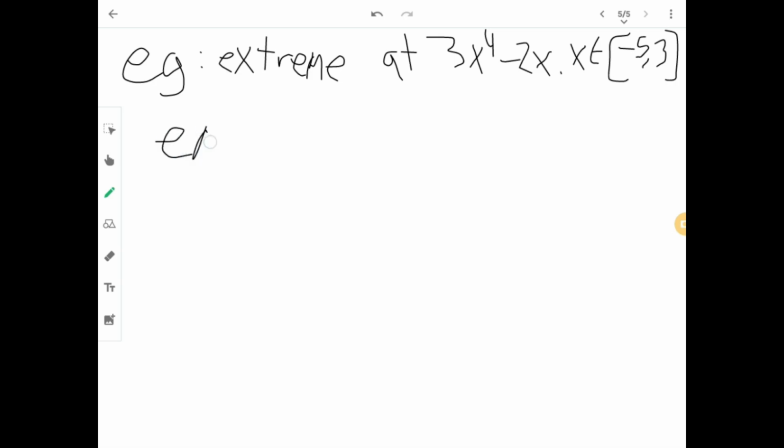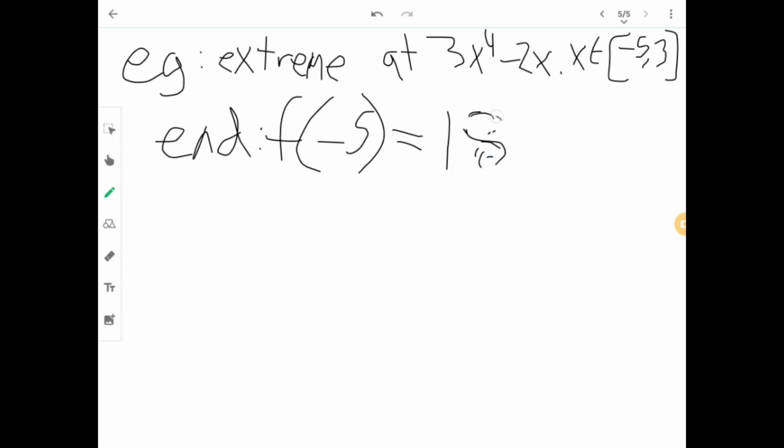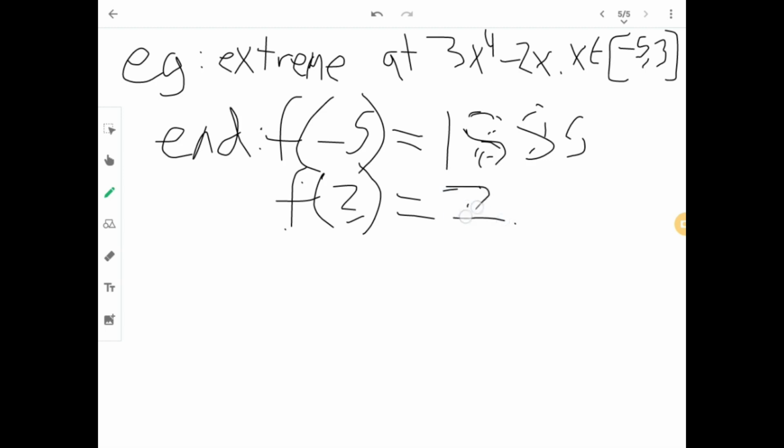So for endpoints, f of -5 is equal to, you take your calculator out because 5 is a bit too high. 1885, and f of 3 is 237. Now that's the endpoints.